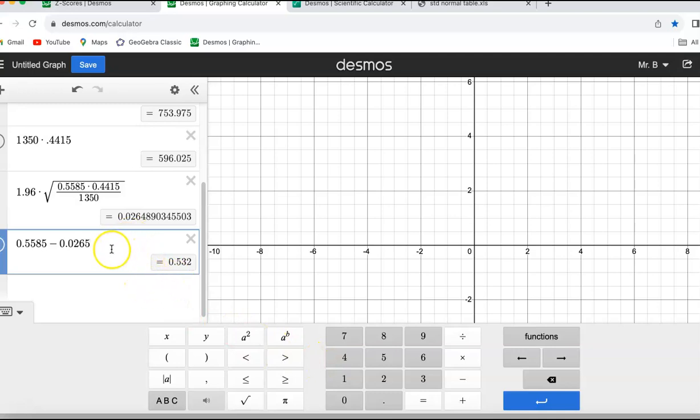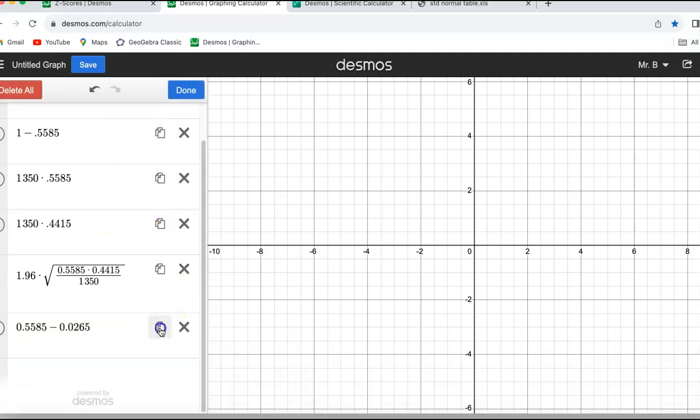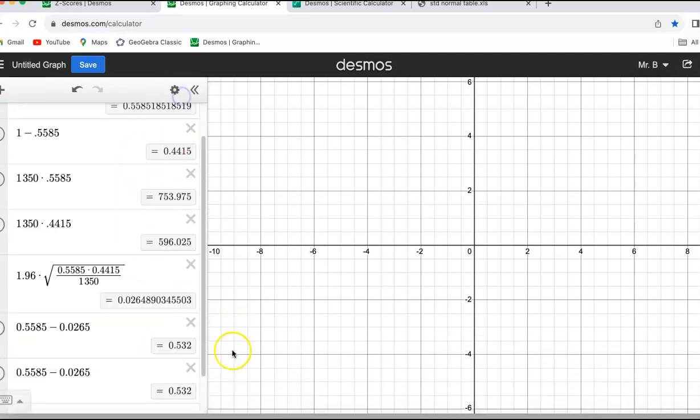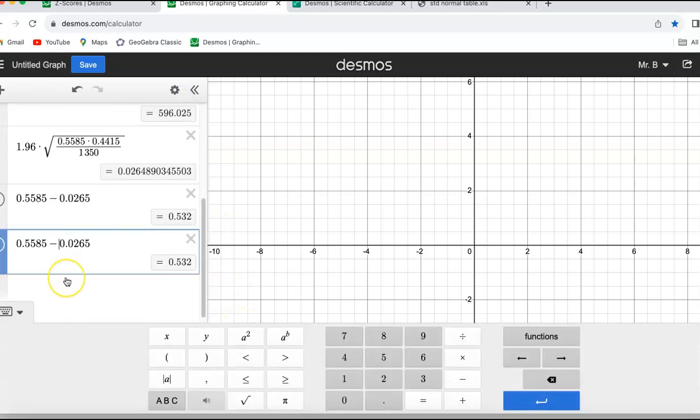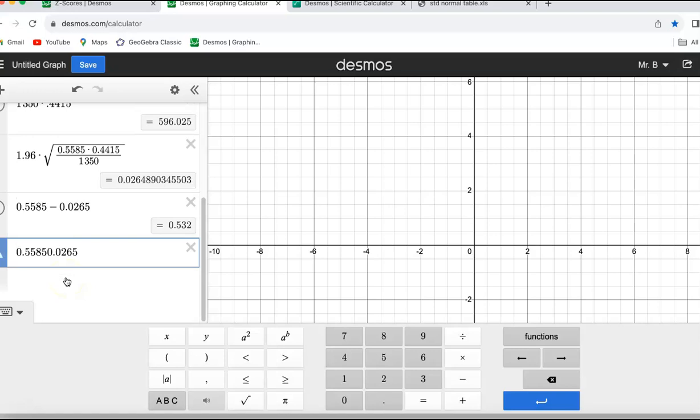Let us do the addition also. On adding, you get 0.585.